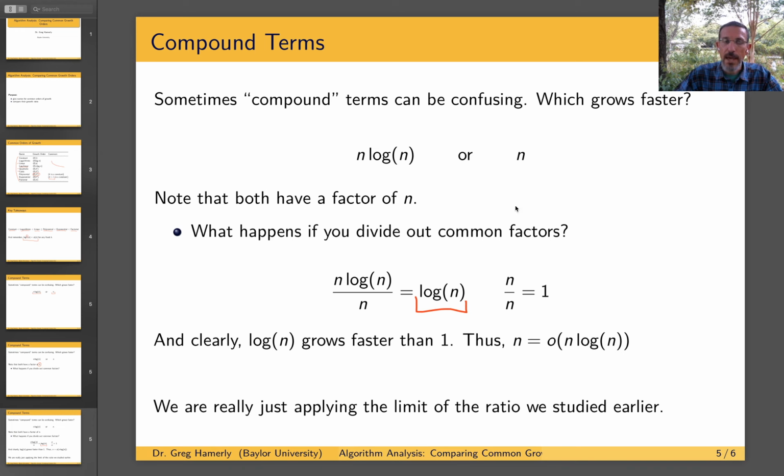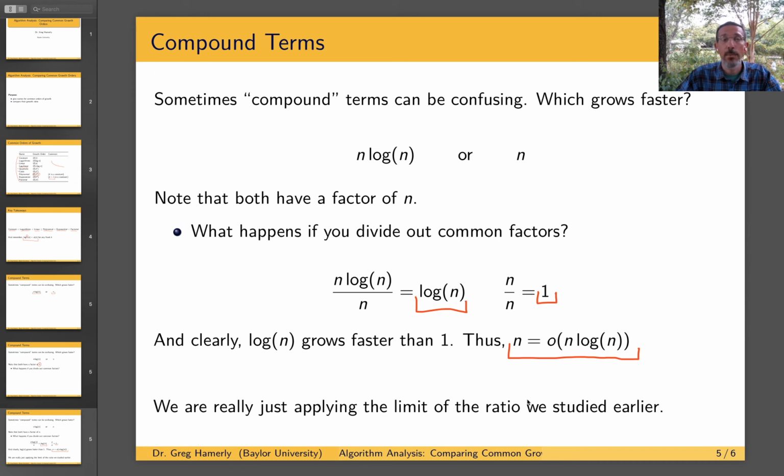We're left with log n, and n over n gives us 1. So now we can compare log n with 1 and say which of those is growing faster, because we've already divided out the common amount of growth. And clearly log n is growing faster than 1, so that tells us that n is little o of n log n. So n log n grows strictly faster than n.